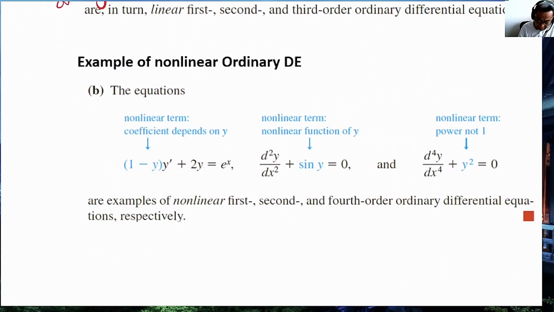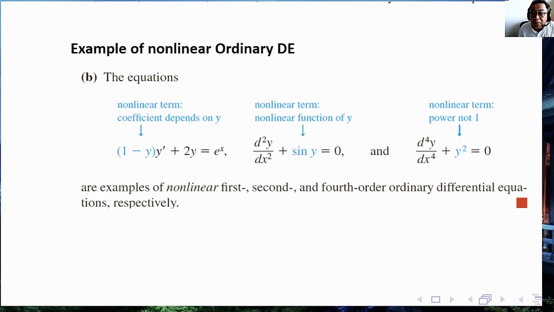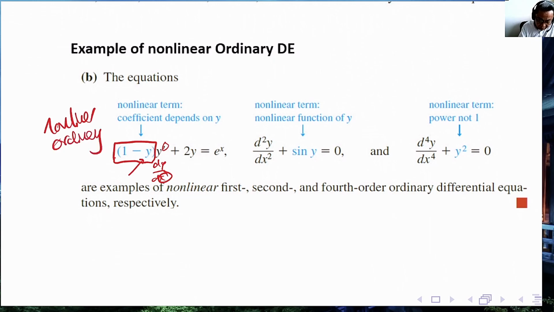Alright, now some examples of nonlinear ordinary differential equations. Here y prime, so this is dy/dx. The expression in front of this dy/dx contains y, so immediately this is a nonlinear term. It's dependent on y, so this is nonlinear. Now there is only one independent variable, so this is ordinary, and this is first order.